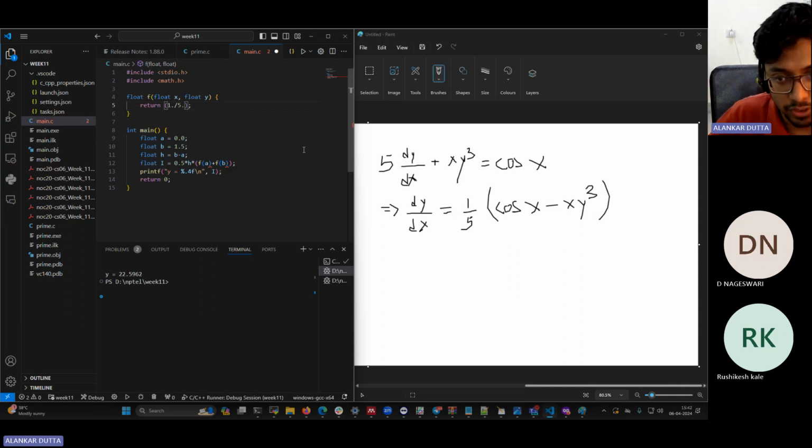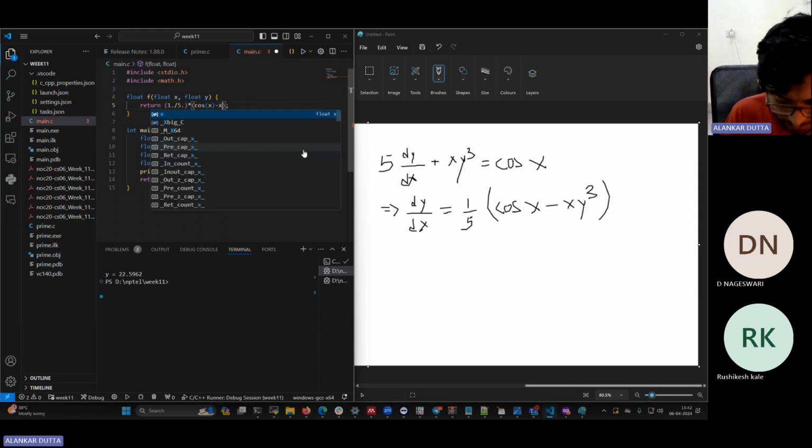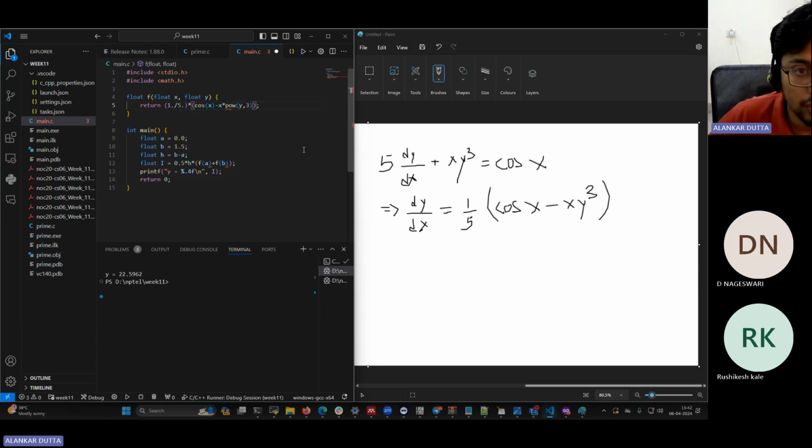So remember to put in this point, which some people forget when they're new. And cos x minus x times y cubed, right? So we'll do something like pow(y, 3). You can also do y times y times y. Both work. Whatever you prefer.